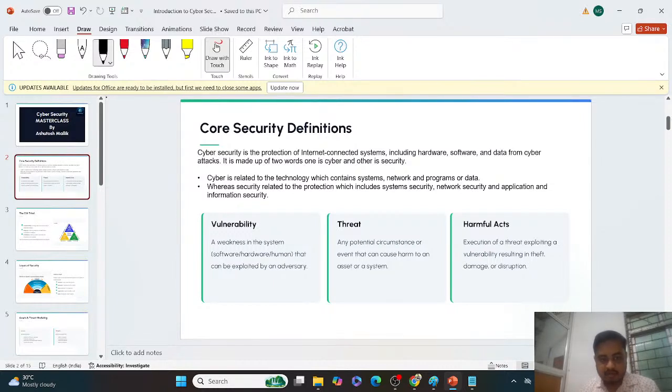One is vulnerability. What is vulnerability? A weakness in the system, whether software, hardware or human, that can be exploited by an adversary. Let's understand this concept, vulnerability.